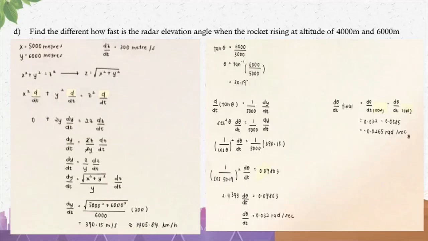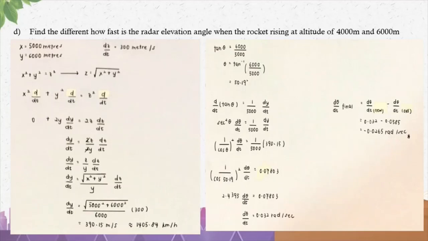Then find how fast the radar elevation angle changes when the rocket is rising at an altitude of 6,000 meters. Firstly, we need to differentiate tangent theta equal to 1 over s, or 1 over 5,000 meters, times dy per dt. The derivative of tangent theta is sec squared theta d theta per dt equal to 1 over 5,000 dy per dt.